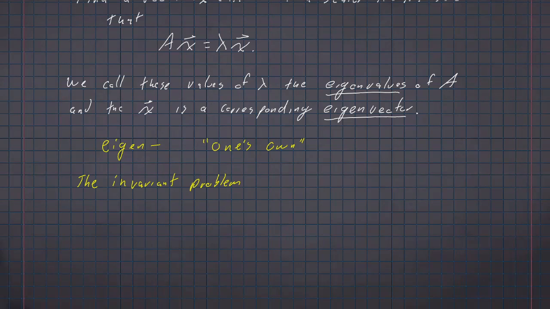The property of the eigenvalue problem, the property of that equation at the top of the screen now, is that when you apply the matrix transformation A to this particular vector, it does not change the direction.